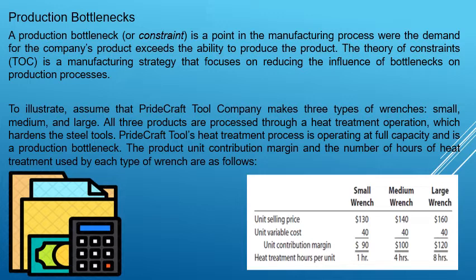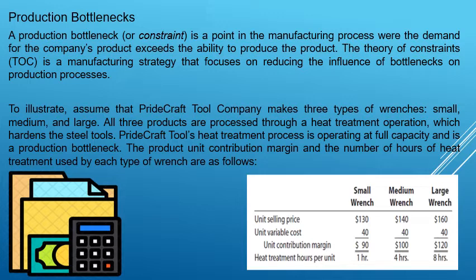The company's heat treatment process is operating at full capacity and is a production bottleneck. We have the product unit contribution margin and the number of hours of heat treatment used by each type of wrench in the data below.